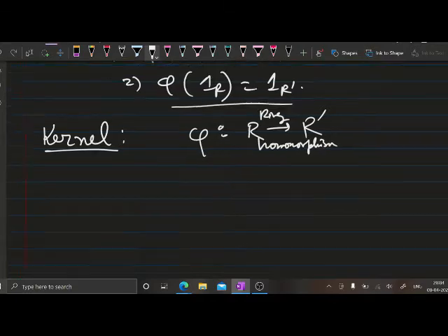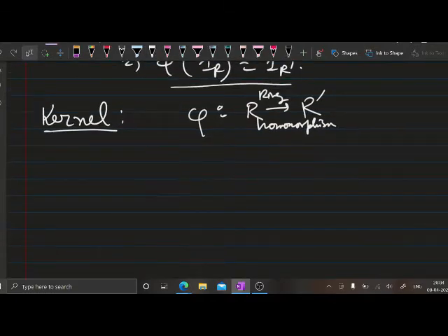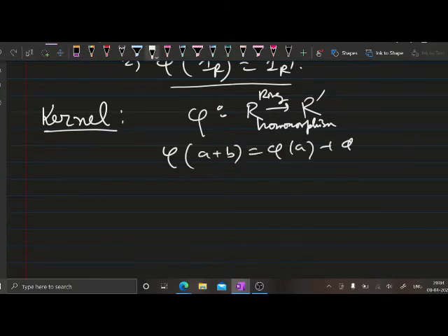In view of its first condition, that phi(a plus b) needs to be equal to phi(a) plus phi(b), and R plus and R' plus are both abelian groups, therefore phi is eventually a group homomorphism of the additive groups R plus and R' plus.